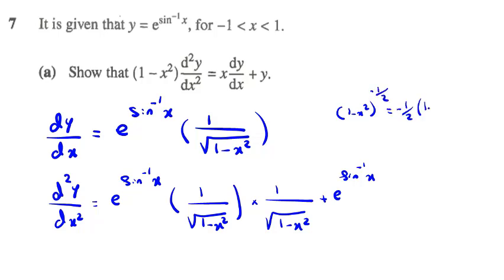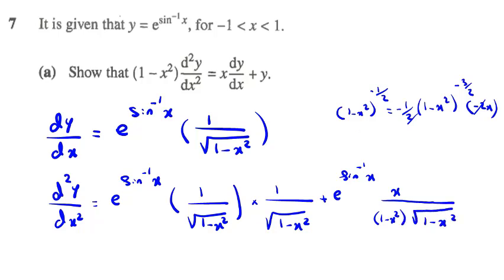It will be negative 1 over 2, 1 minus x squared to the power of negative 3 over 2, times negative 2x. If we cancel these two and the negatives, it will be x over 1 minus x squared root 1 minus x squared.